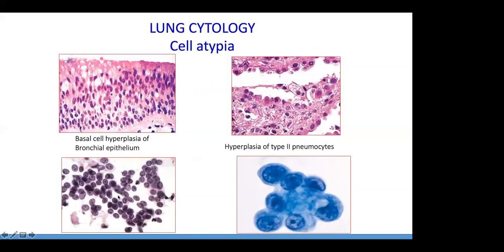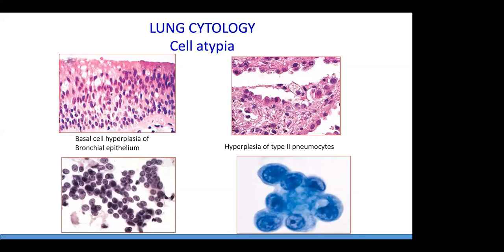Another kind of atypia is hyperplasia of the basal cells in the bronchial epithelium. You must not confound this with small cell carcinoma. Here the chromatin is more dark, it's not salt and pepper, there is no necrosis, there is no mitosis.